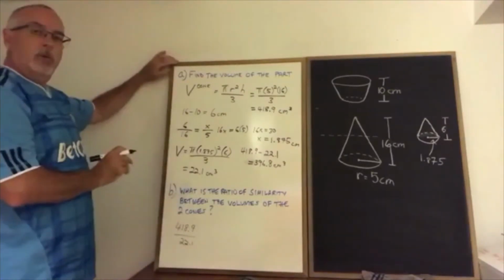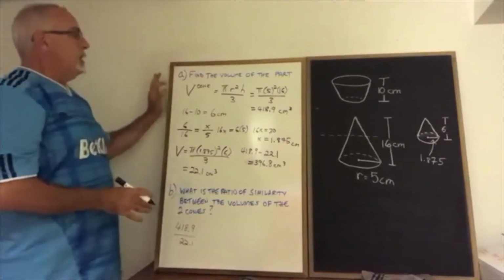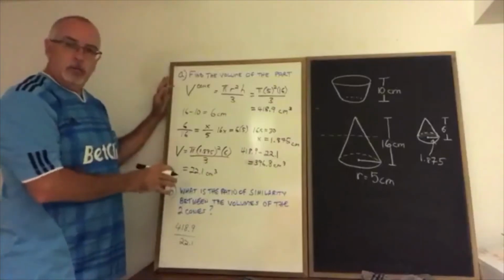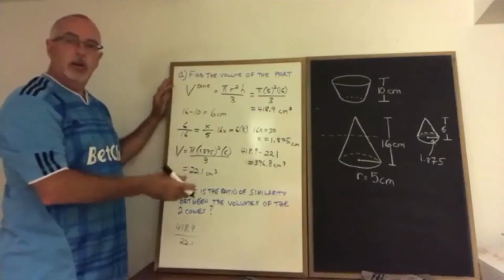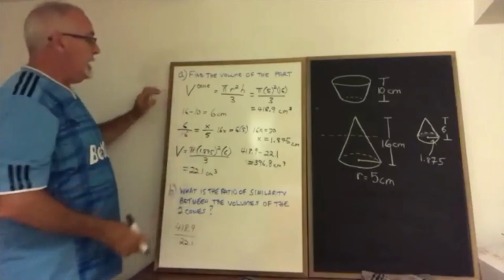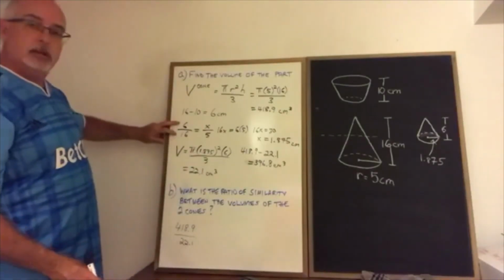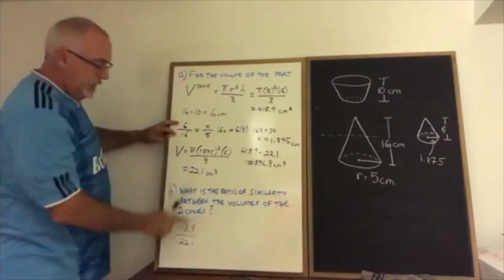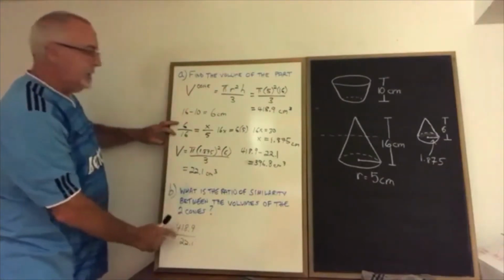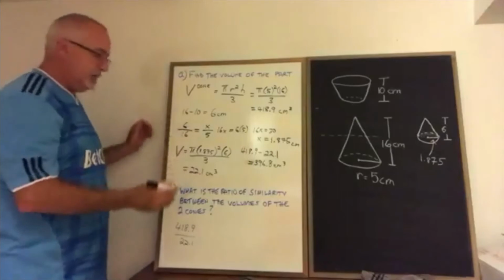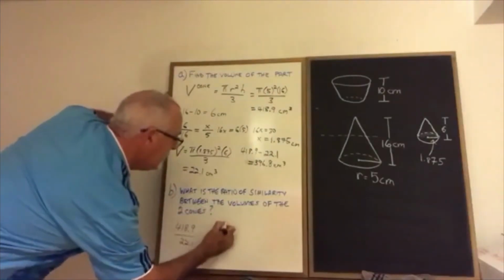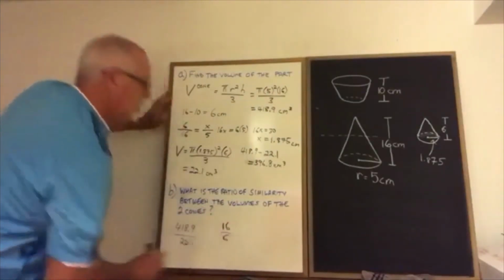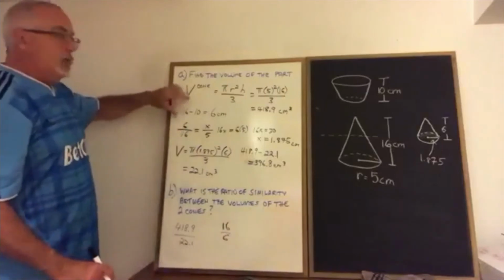There's another way though, which is to know that the ratio of the volumes has to be the cube of the ratio of the distances. And we already had the ratio of the distances here. In this case, the larger one was on the bottom, and I'm putting the larger one on the top in this answer. So I'm going to flip this upside down. We have a 16 to 6 ratio between the distances.